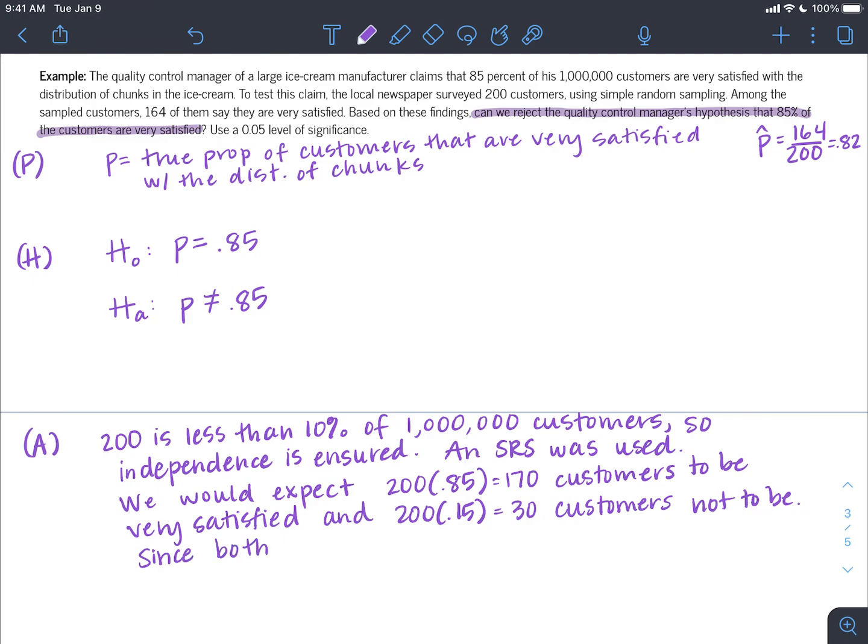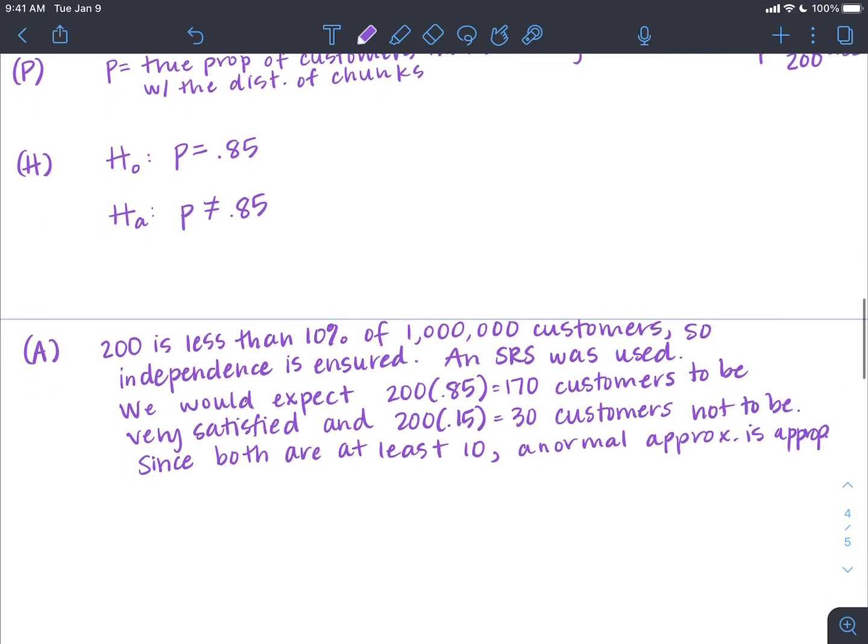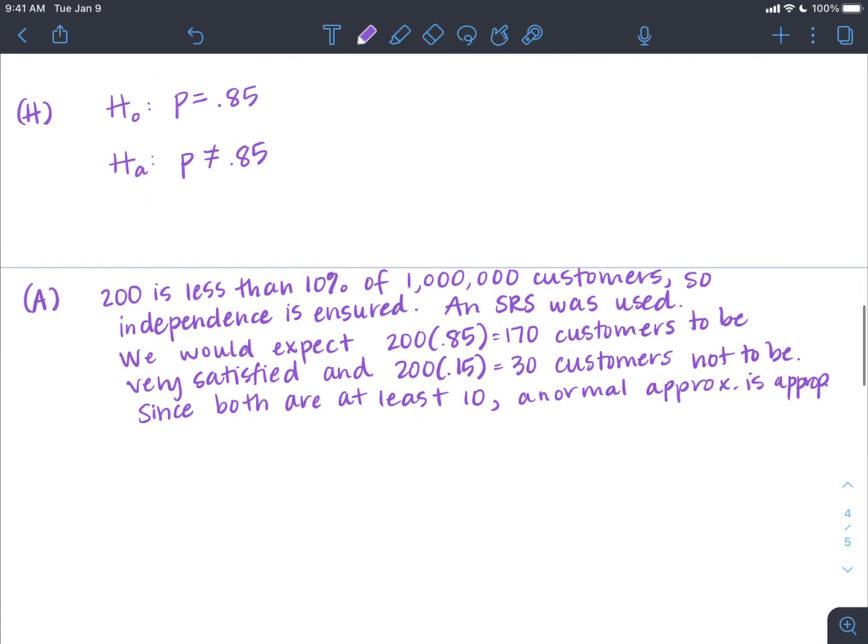Since both are at least 10, a normal approximation is appropriate. All right, conditions check. Now let's name our interval since the conditions have been met.